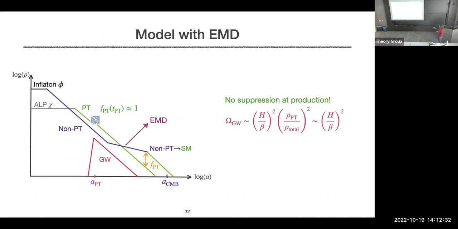At least at the production, we don't expect any suppression because the phase transition is just a dominant sector. Here the fluctuation of this matter is correlated with that of the inflaton, and not with this decay product.